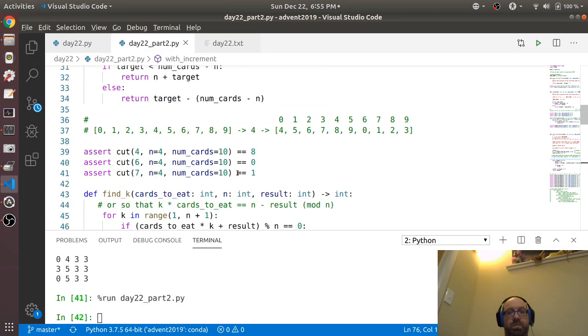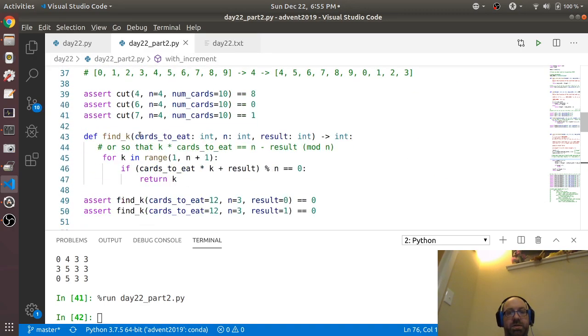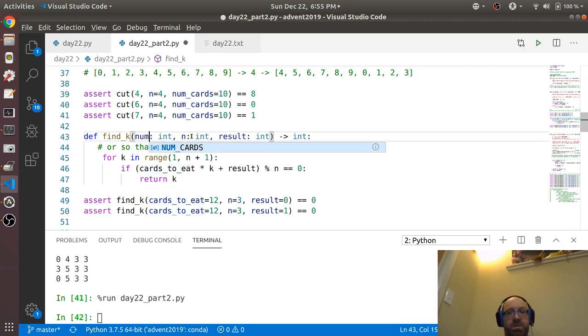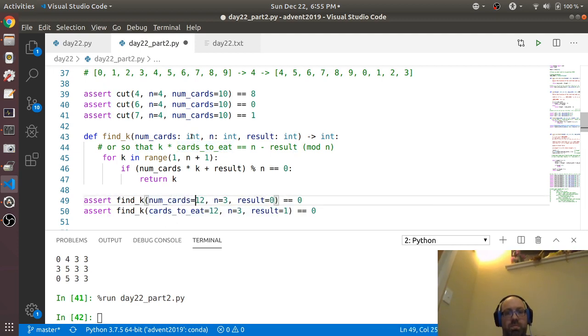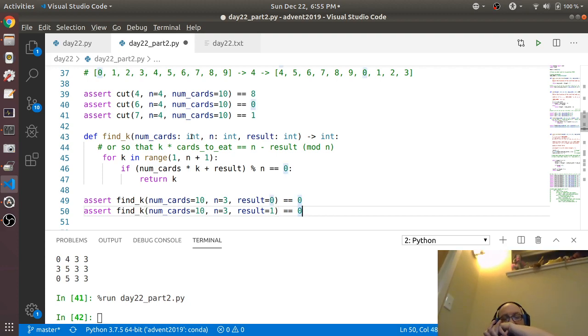Okay, so instead of cards to eat, I'm just going to change this to num cards, and num cards equals 10, and again num cards equals 10. So now to get 1, I need to go through 10 cards twice.